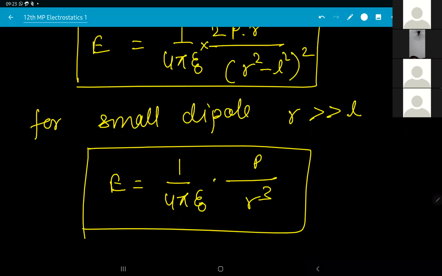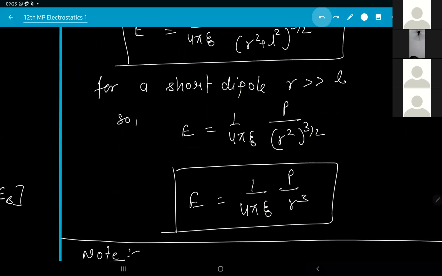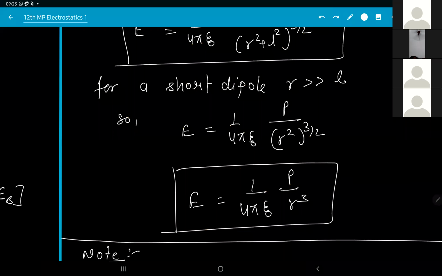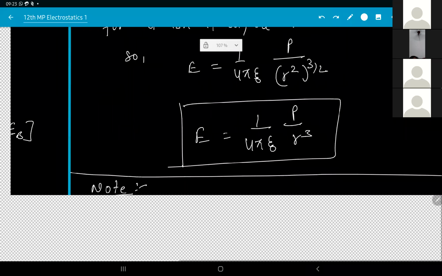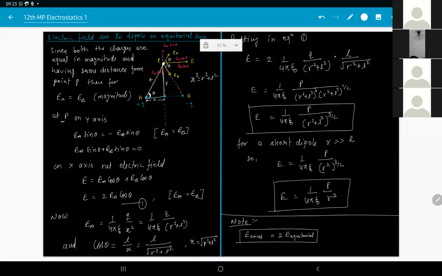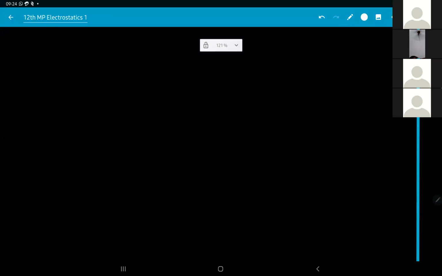See this and see this. 2 is extra. Otherwise, the complete formula is same. So we can write E axial is equal to 2 E equatorial. Clear? Now come to the next topic. And these are electric field lines.